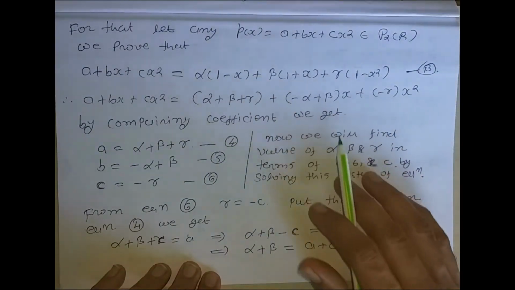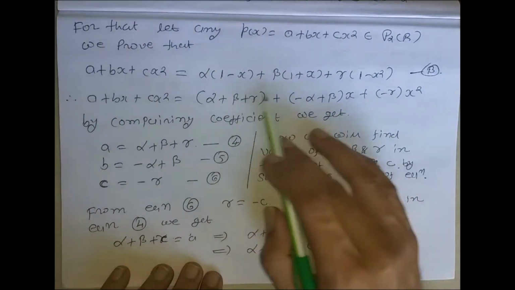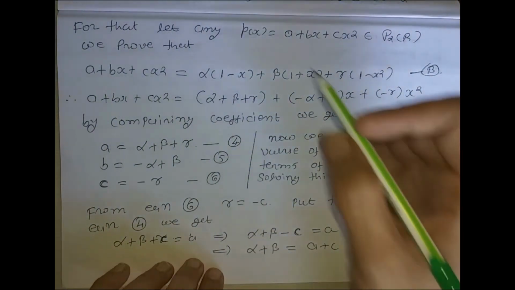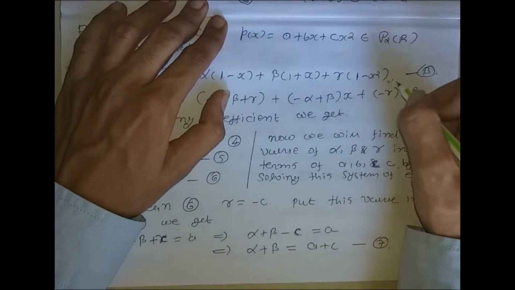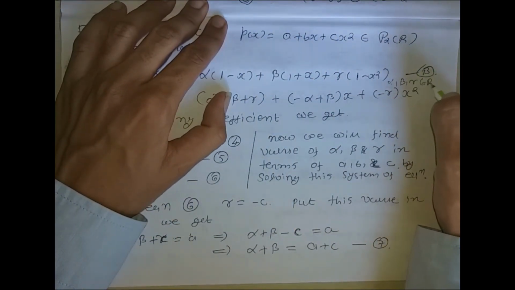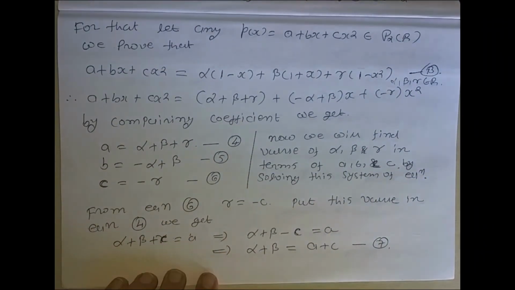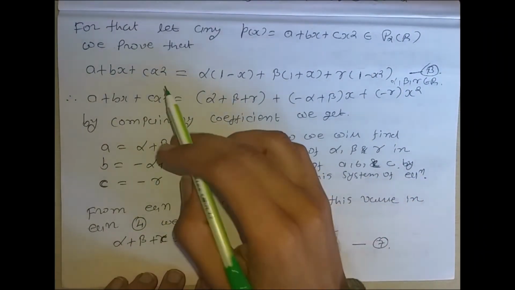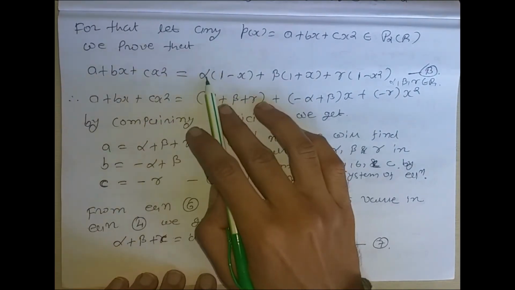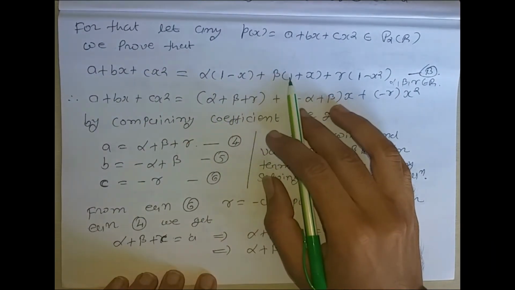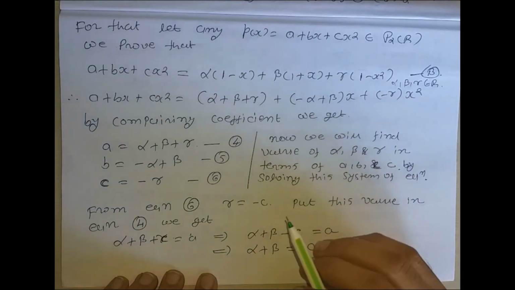So we consider three scalars alpha, beta, gamma belongs to R. Consider the linear combination. So polynomial p(x) is equal to alpha into 1 minus x, plus beta into 1 plus x, plus gamma into 1 minus x square.